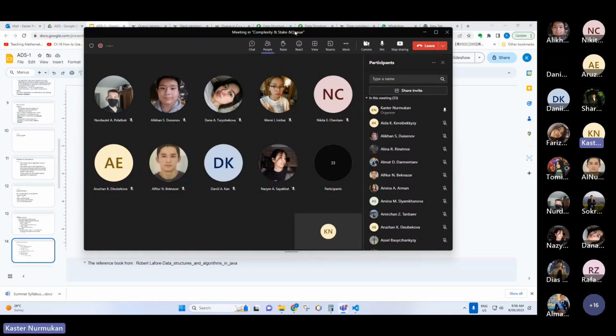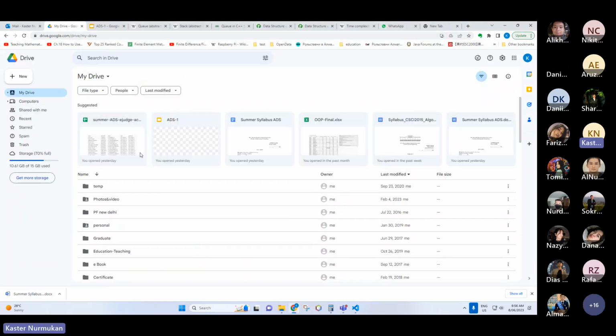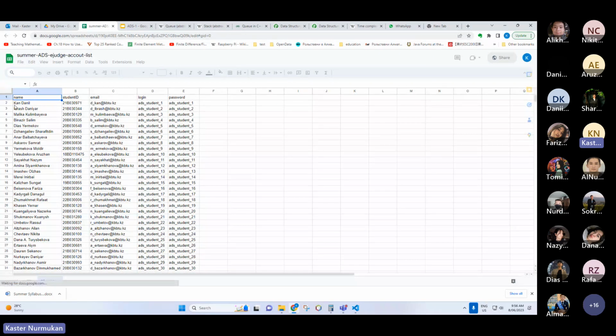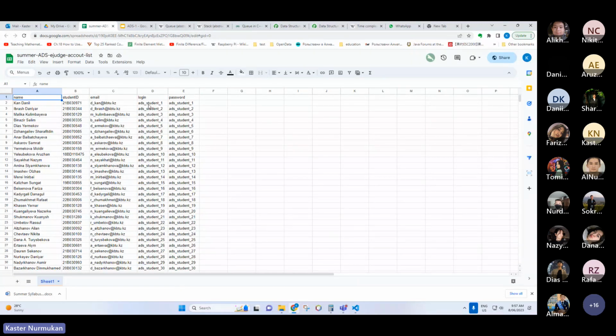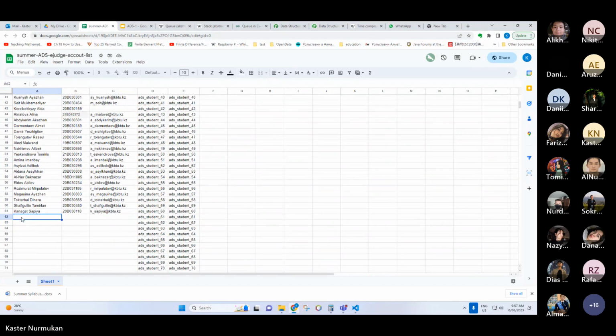Based on the template in the Excel, you need to give, for example, your name, student ID, and email. You should provide these three pieces of information. You cannot edit this document. You just send it to me personally.